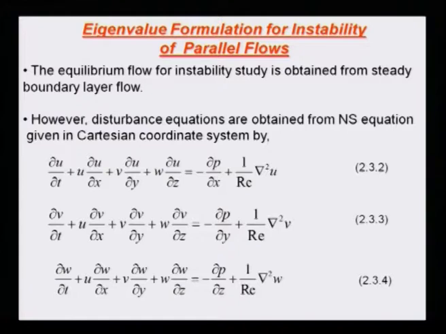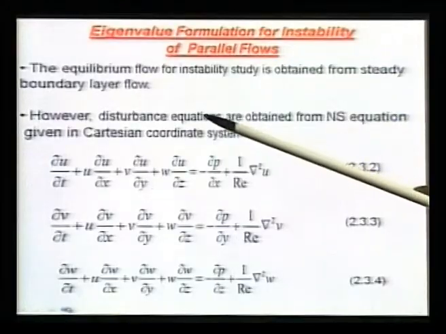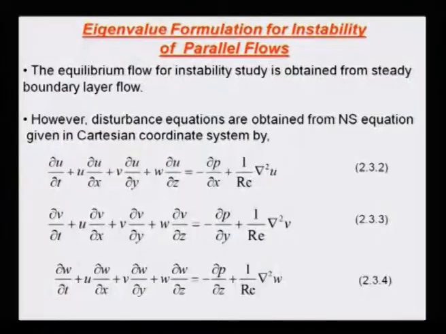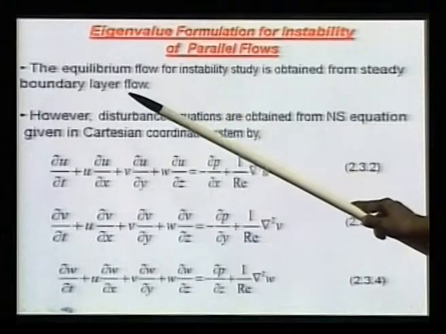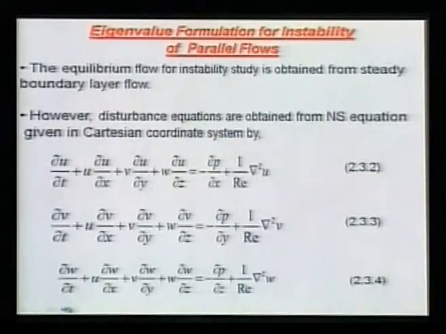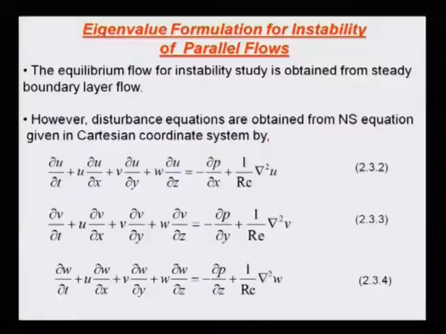So, in this case, let us say that we have a mean flow, which is quite generic of what Prandtl did. Prandtl came out with the boundary layer analysis and boundary layer flows, and if we consider such steady boundary layer flows, we want to study their instability.